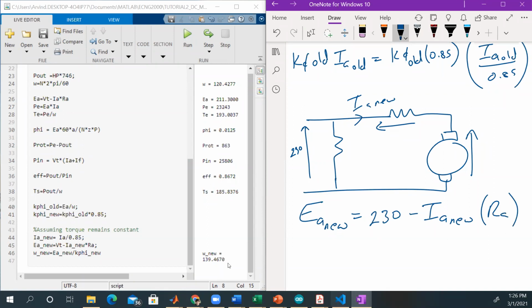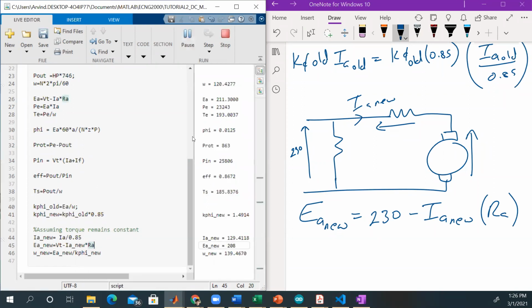So we can work out that. Let me just take out all of these things so you could see the values. Right? So the new IA is 129 amps, which is more. And then we get EA new 208 volts.